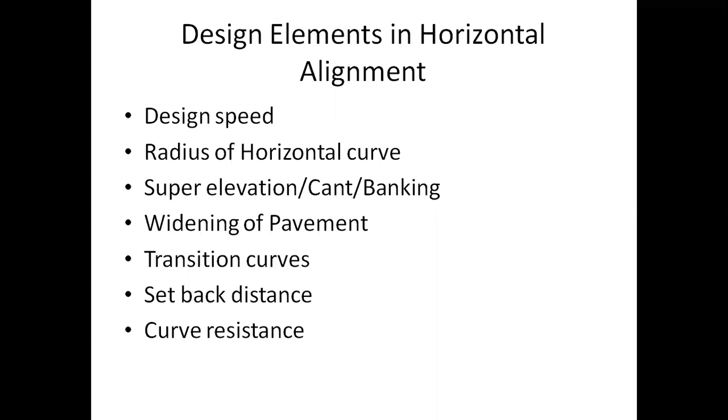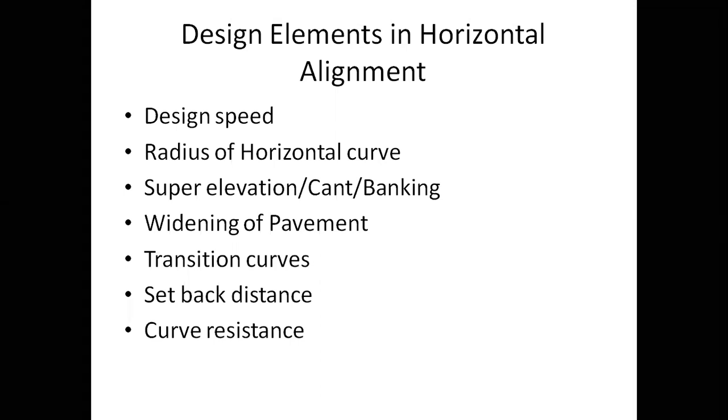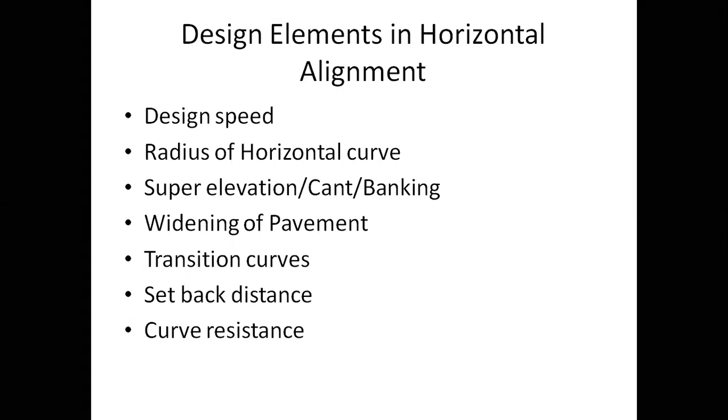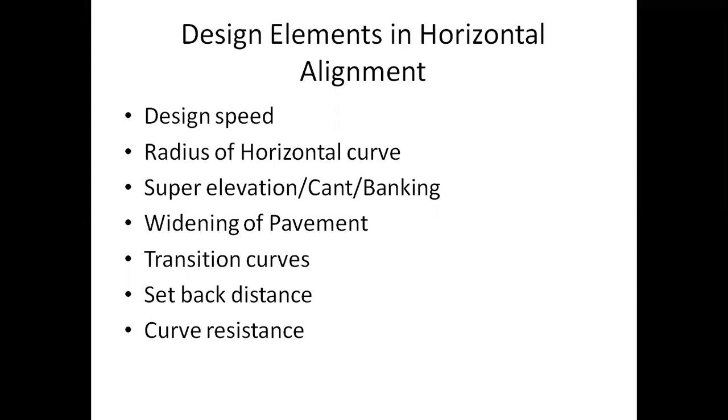For example, if I take a national highway, the ruling speed will be 100 kilometers per hour, so that highway will be designed for 100 km/h. But based on site conditions and other factors, the minimum speed with which the driver can travel on that national highway will be 80 km/h. Got it? So two values of design speed are generally taken into account: the ruling design speed and the minimum design speed.